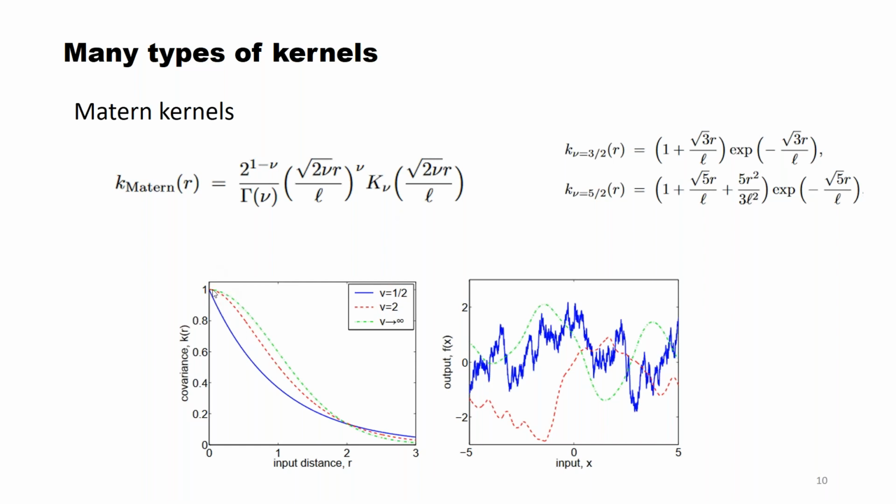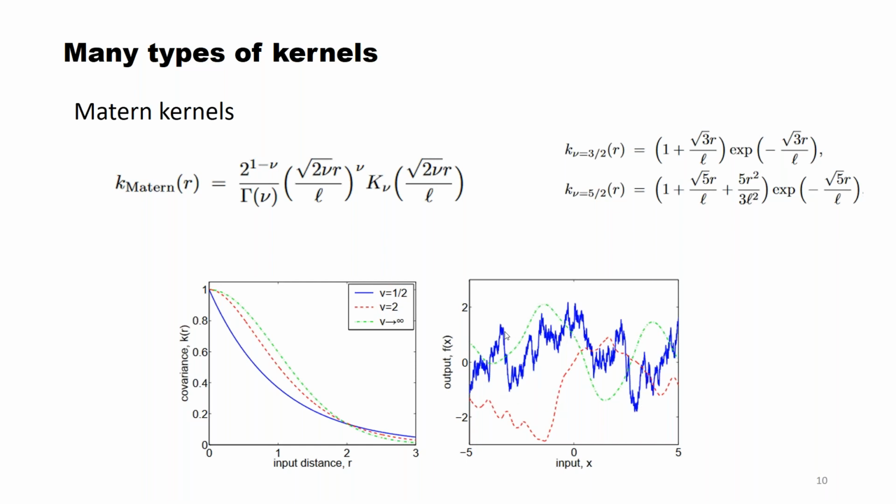So points which are close to each other are strongly correlated. The good thing is that you have these in-between functions. Typically the most widely used are 3/2 and 5/2, which are not as smooth as squared exponentials, but not as crazy as pure exponential correlation.